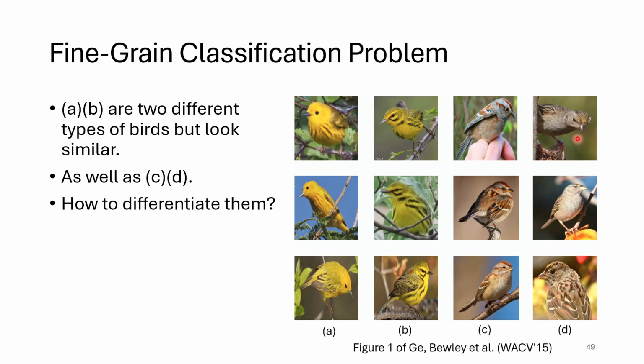They look like each other, but you can spot the tiny differences. For example, on the left one, you can see the red head at the top, but in the D column, there's no such pattern. So for fine-grain classification, how would you differentiate those differences?